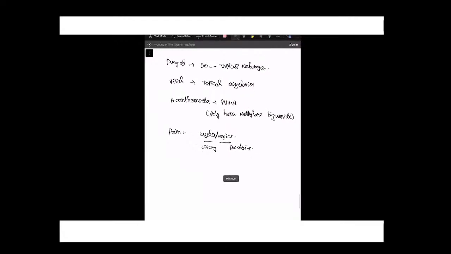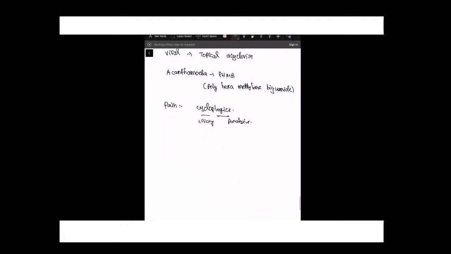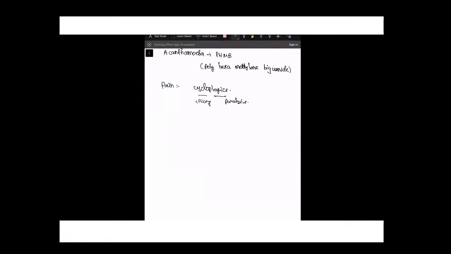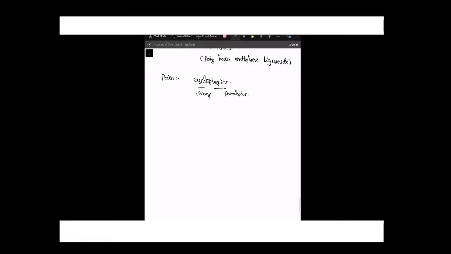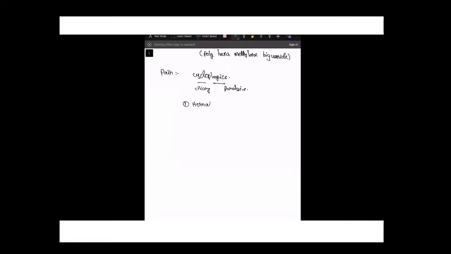So we are going to paralyze the ciliary muscle and the ciliary nerve, since ciliary nerves are the ones that carry the pain sensation from the cornea. So we're going to paralyze that with the help of homatropine or atropine.